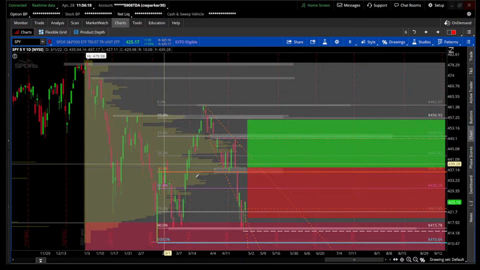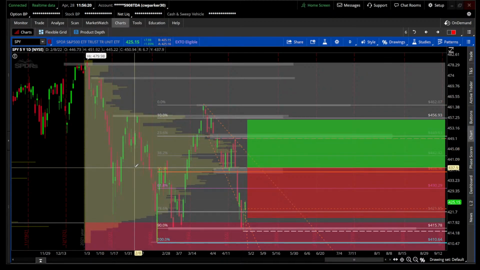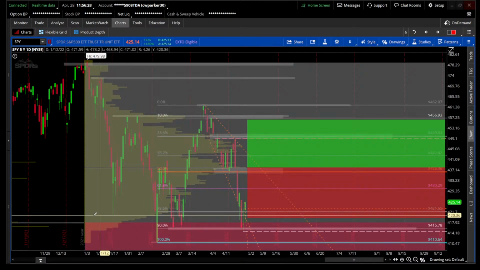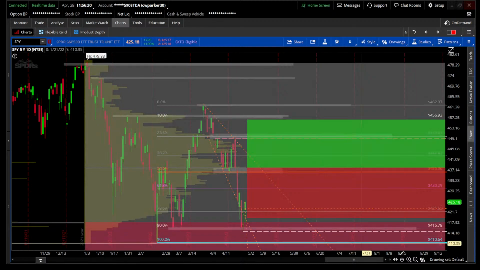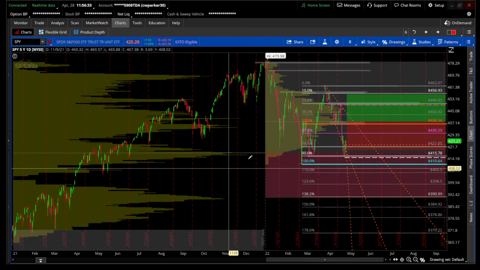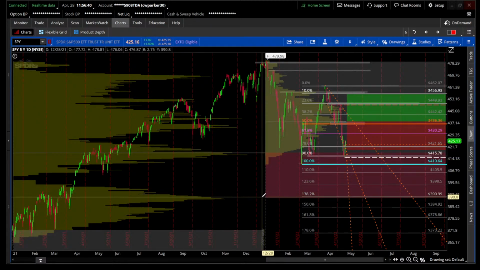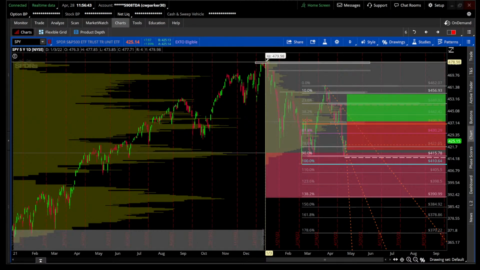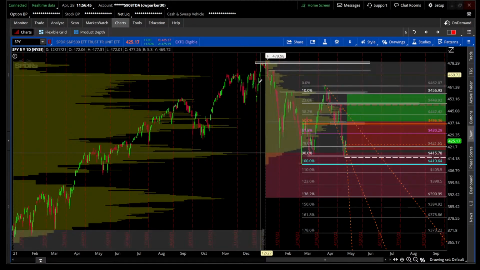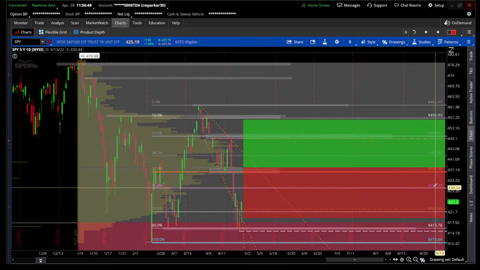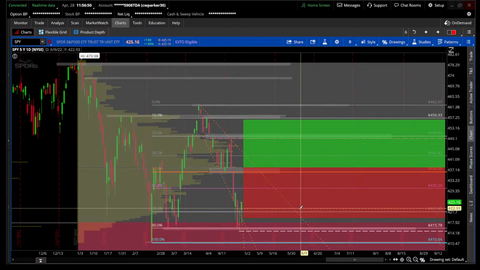So these are all the volume area nodes, and right now the current area's point of control is here at 437.90, and like I said, this is the prior year's point of control down here, exactly where SPY stopped, and this is the prior year's value area low, and this is the past year value area high. And right now we're trading all in that. And this box over here is the current value area.